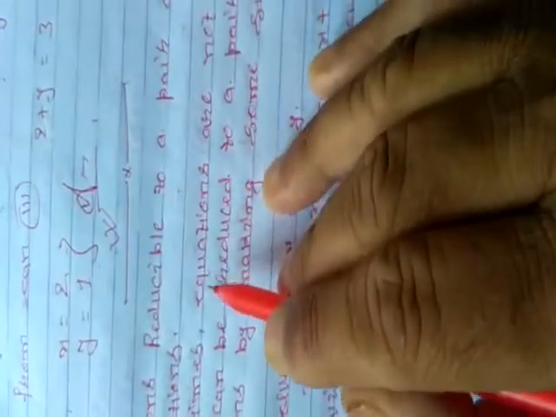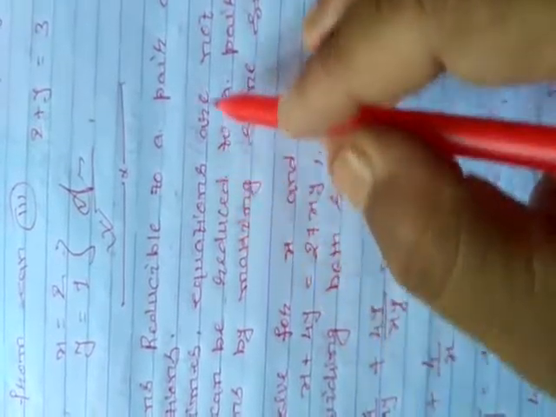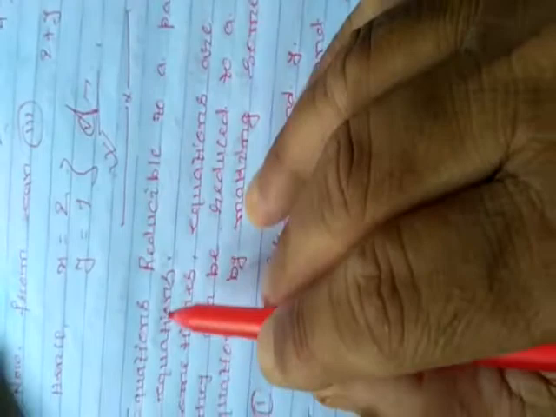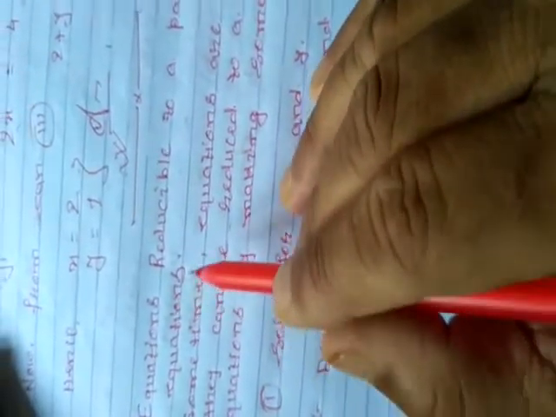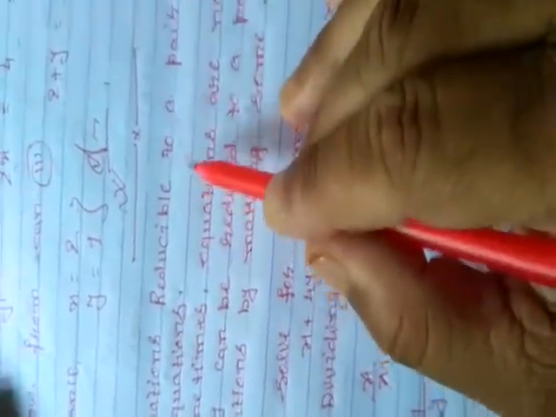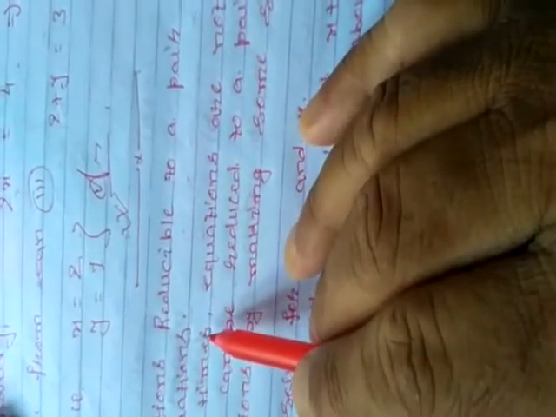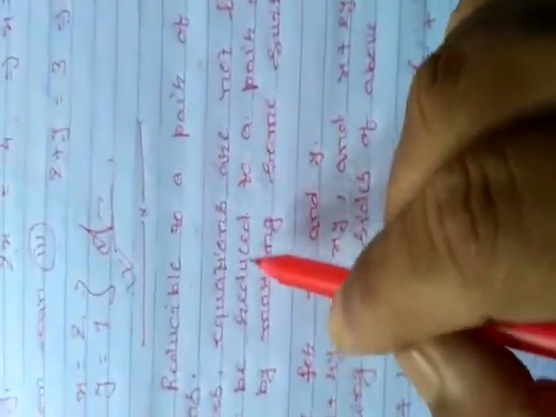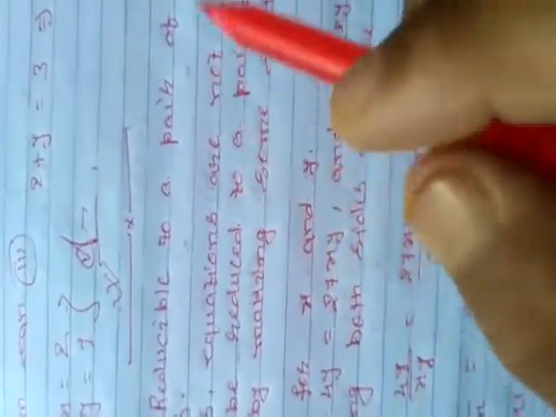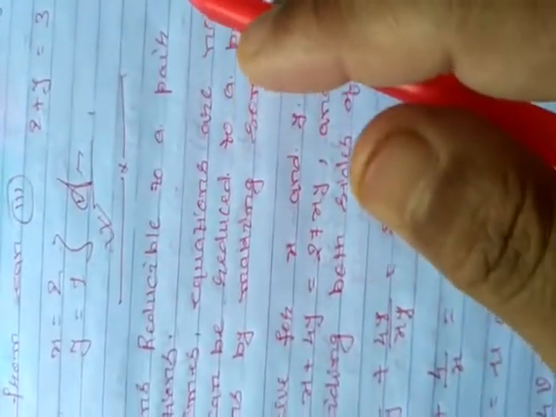That's why these are called equations reducible to a pair of linear equations. You have to transform them into the standard form, as they are not given in it.